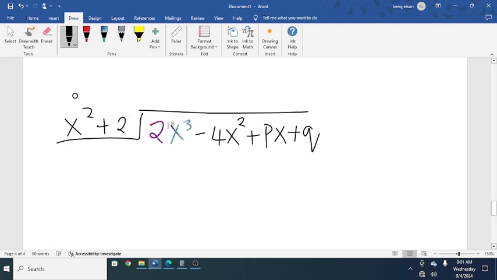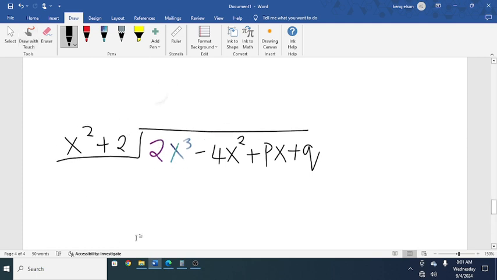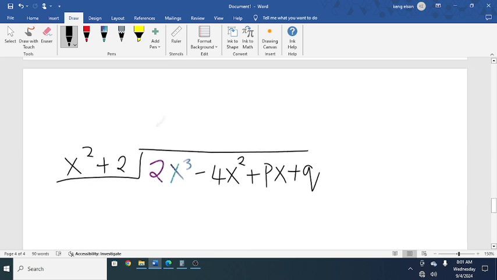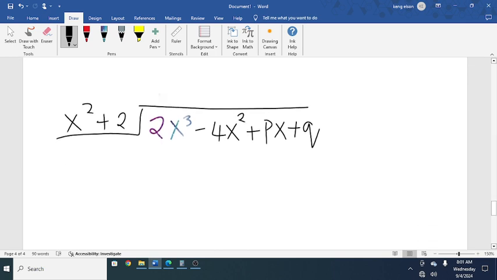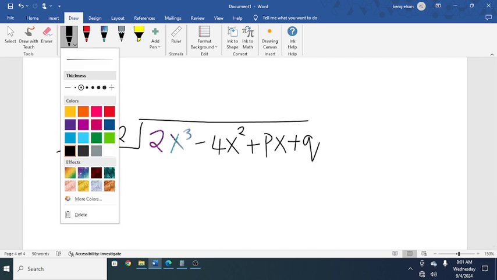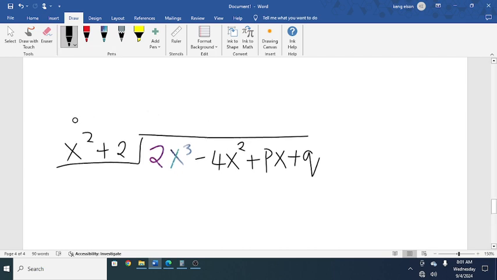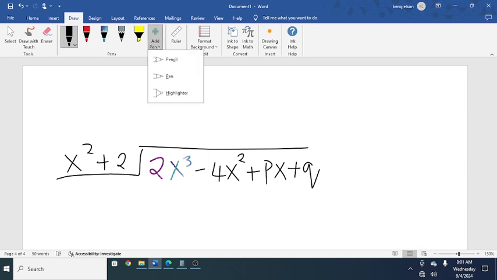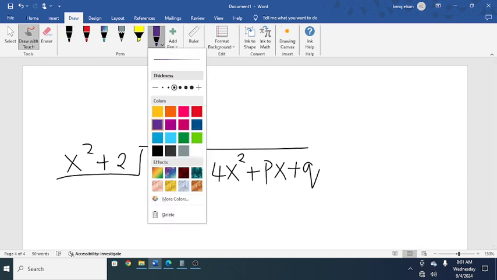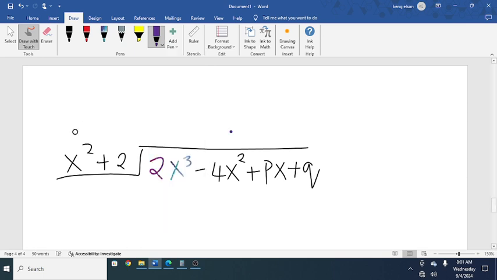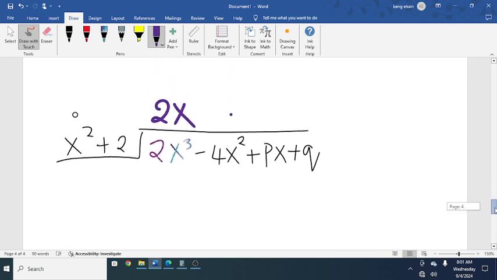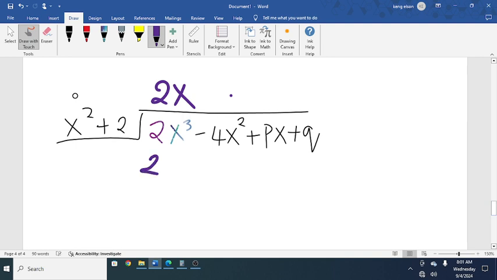2x cubed divided by x squared will give us 2x. Now if we multiply, 2x times x squared is 2x cubed, and 2x times 2 is 4x.